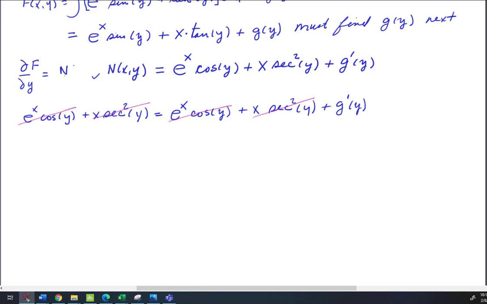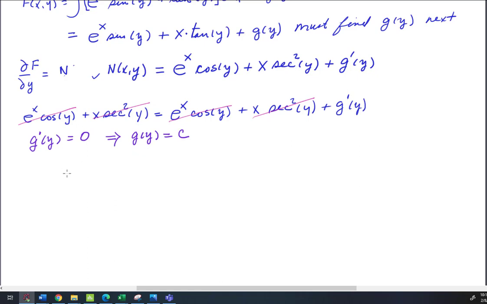And we're left with g prime of y equals 0. Now what does that tell you about g? That tells me that g of y must have been a constant.